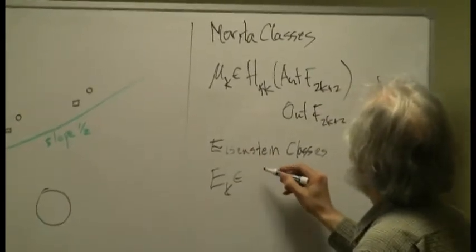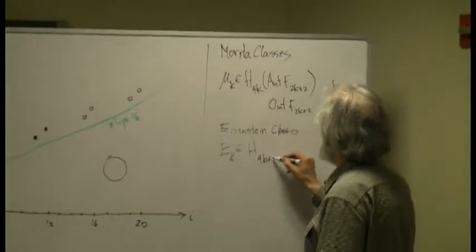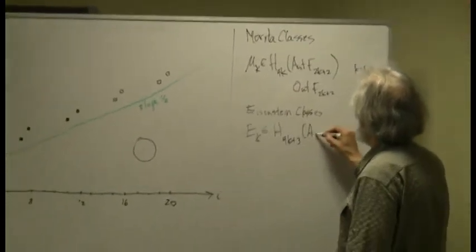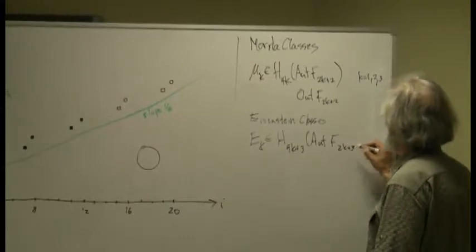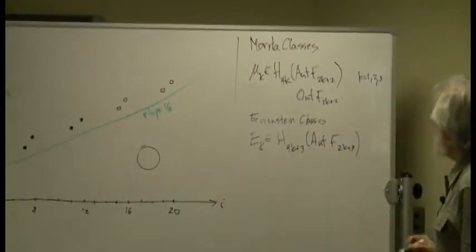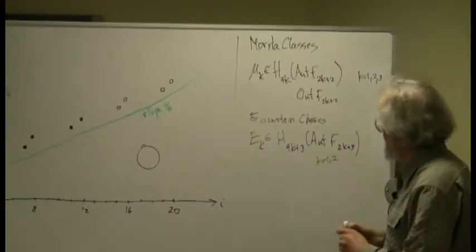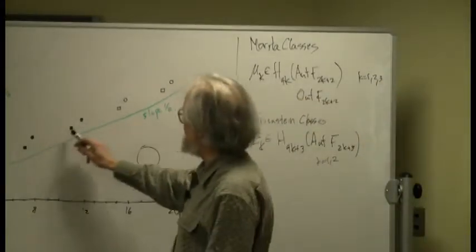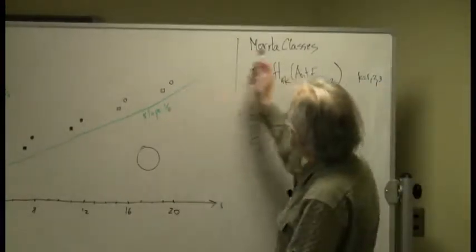These live in H^{4k+3} of Out(F_{2k+3}). Again, only the first two are known to be non-zero, this solid square and that solid square, but there are cycles constructed all along the line here.